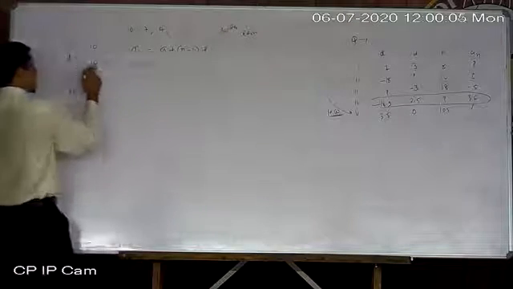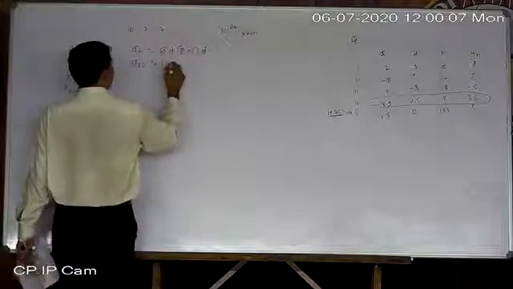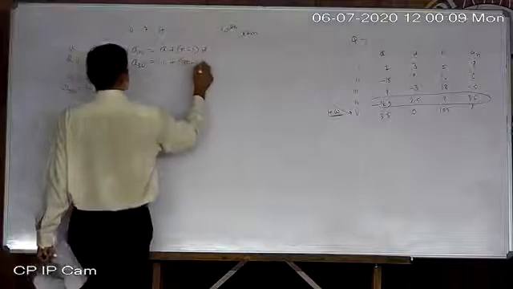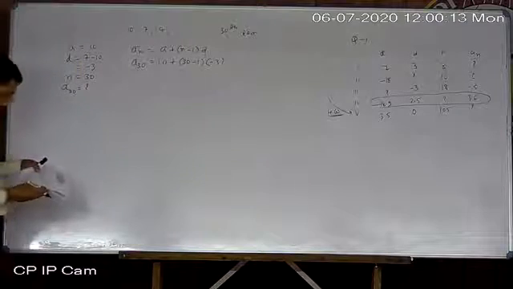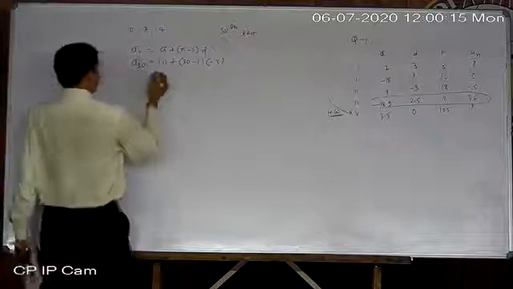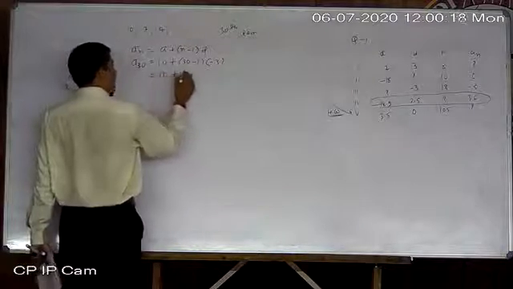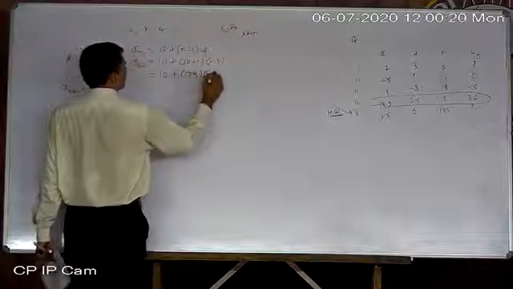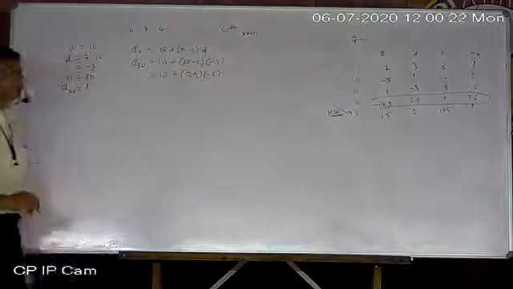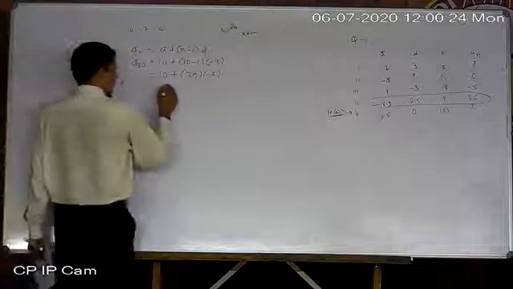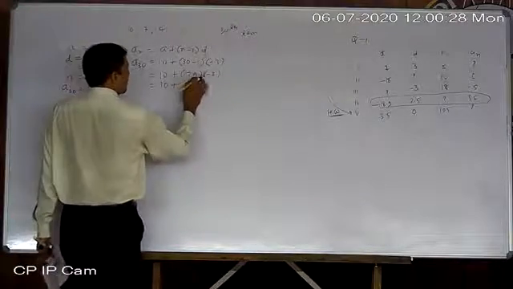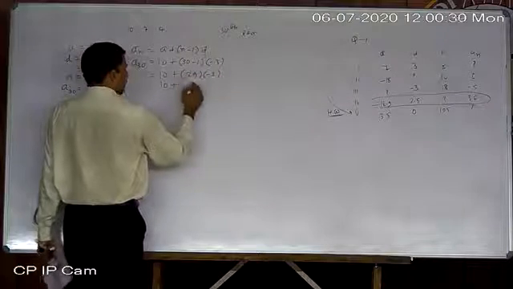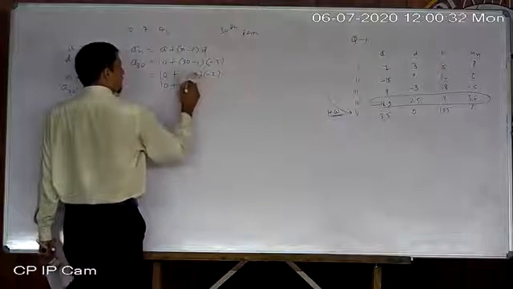Write down all values: A 10, n 30, minus 1, D minus 3. So it is 10 plus 29 into minus 3. So it is 10 plus, multiplication first of all, 29 into 3. 9 3s are 27, 2 3s are 6 and 8.